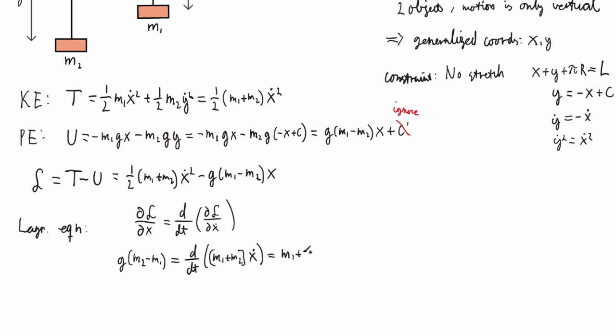So that's (m1 plus m2) x double dot. And then we can put this on a more standard form. We get that x double dot equals g times (m2 minus m1) divided by (m1 plus m2).